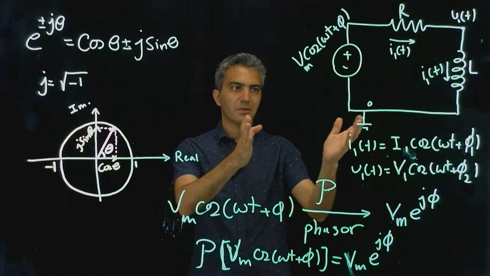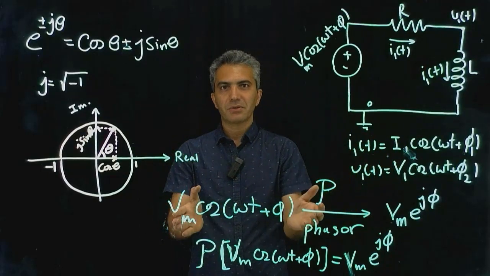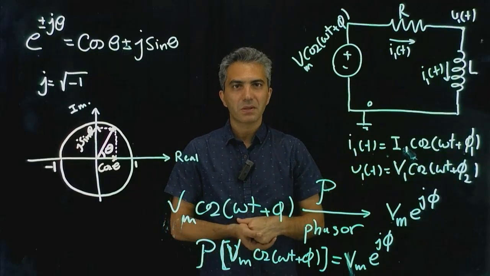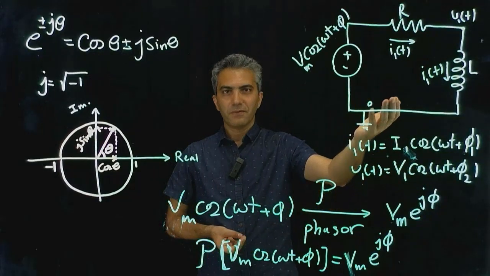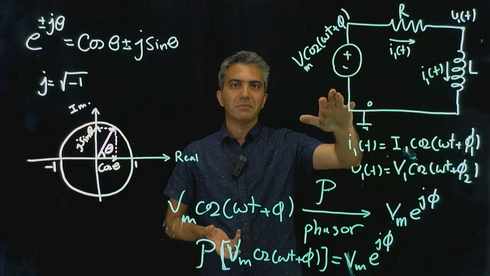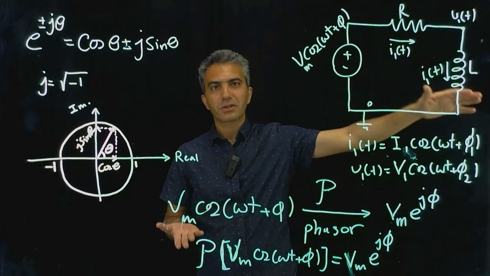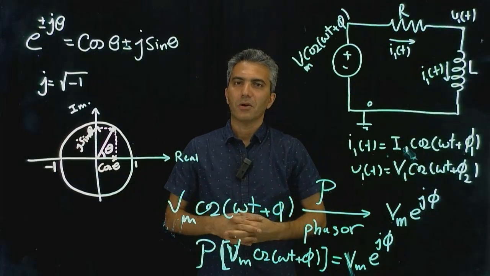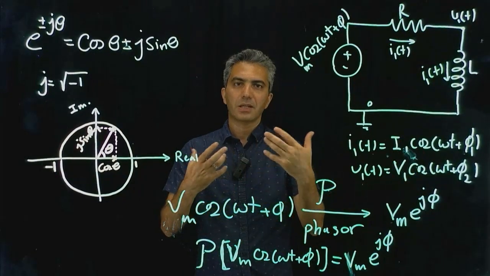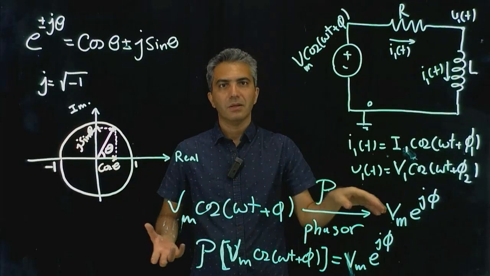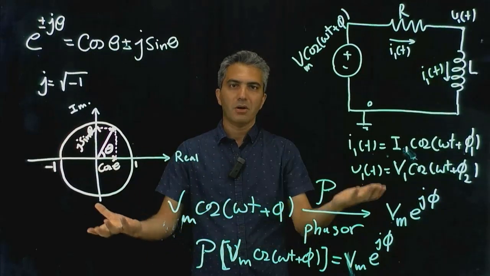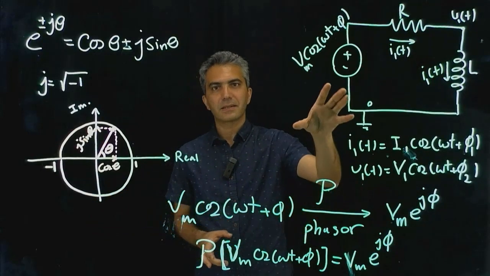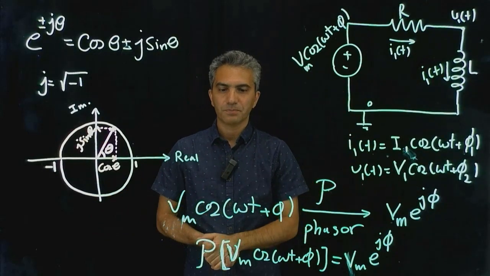Keep in mind, this is only true if all I'm interested in knowing is the steady state component of the response, and therefore I'm looking at the circuit in the long term, at which point the transients are gone. All the decaying exponential equations are almost zero, and therefore my steady state is the dominant portion of the result.